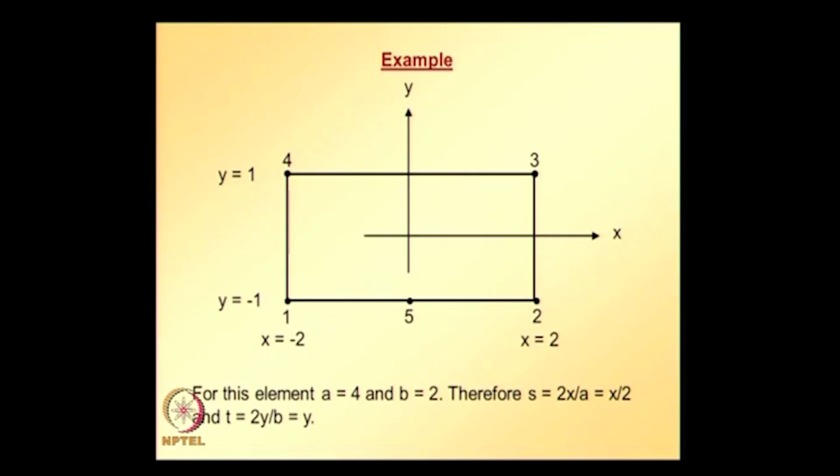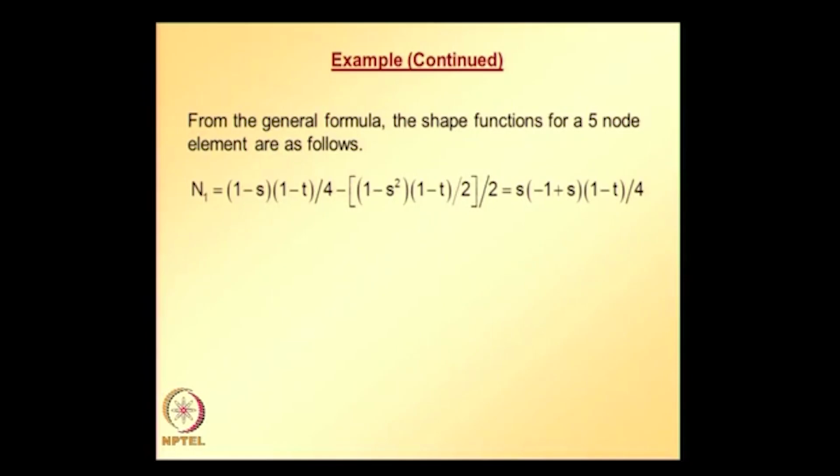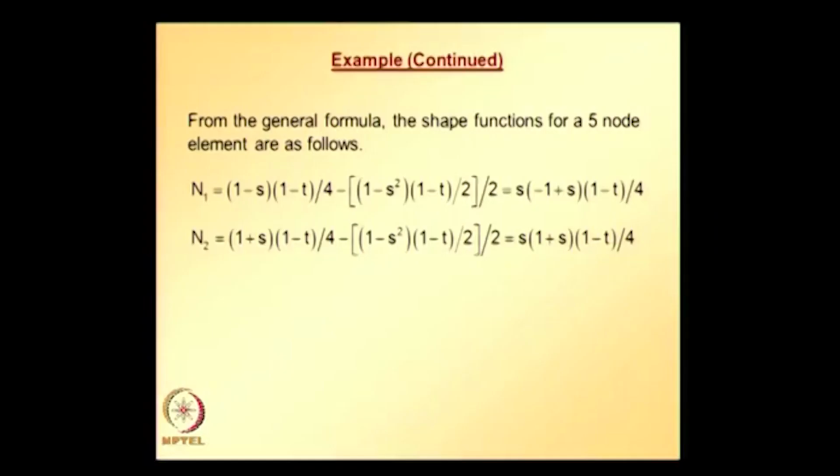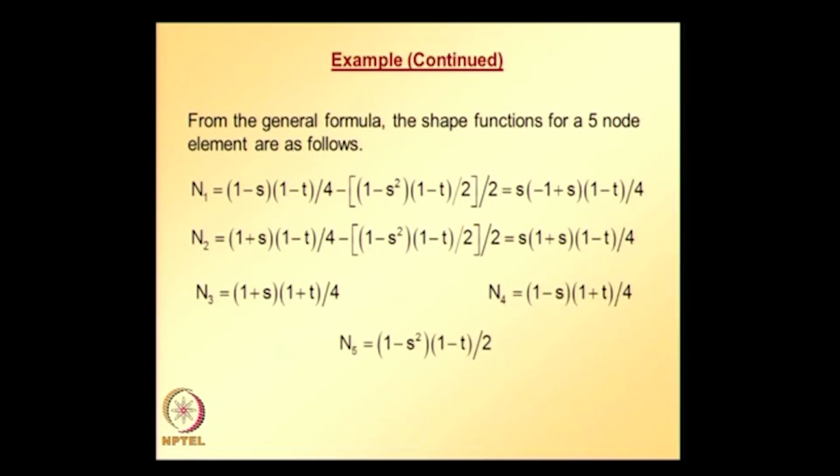So, once we have s and t, from the general formula the shape functions for a 5 node element are as given here, N1, N2, N3, N4 and N5. Basically these expressions are written taking from the table that I just showed you before.